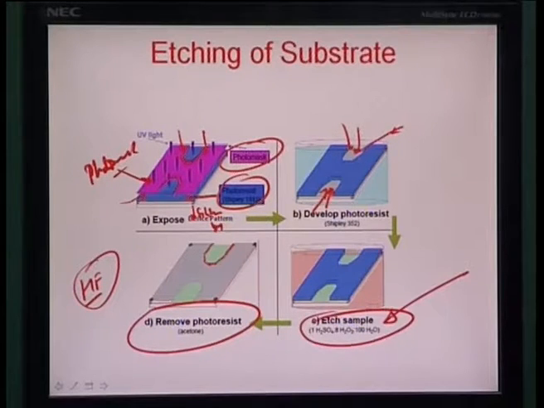Let us say in this case you are using 1 part of H2SO4, 8 parts of H2O2 and 100 parts of H2O, by volume. When you have etched away this particular layer, which was earlier gray, the etched part is denoted by this light green, and you are left with etched holes or vias.